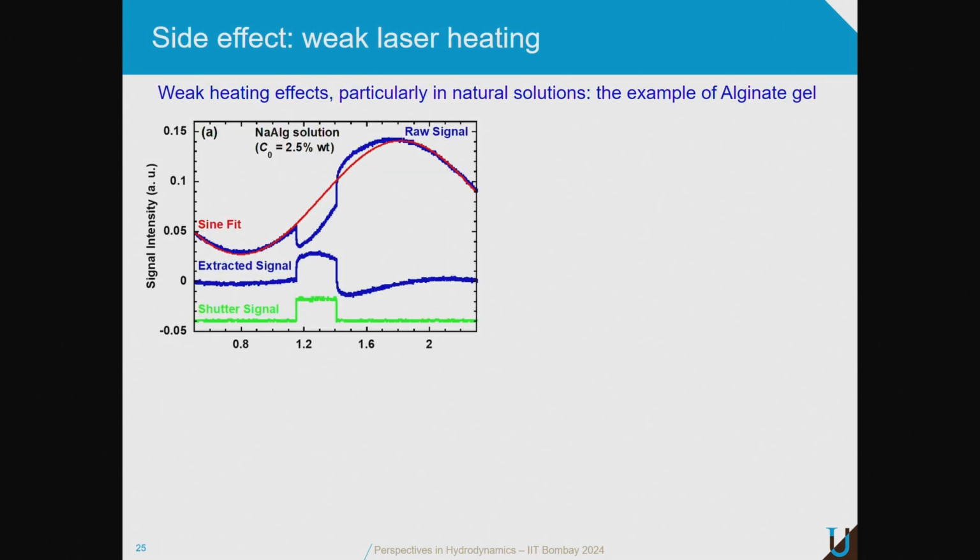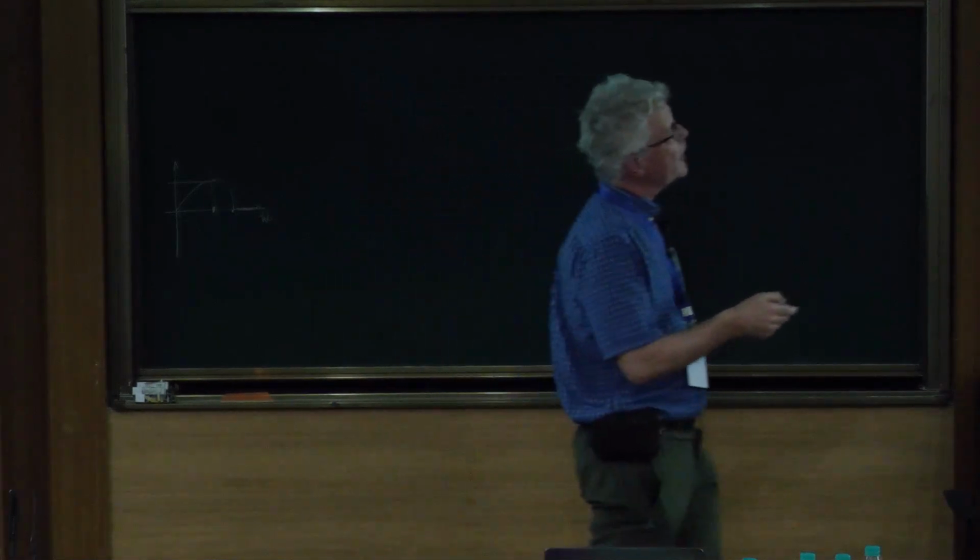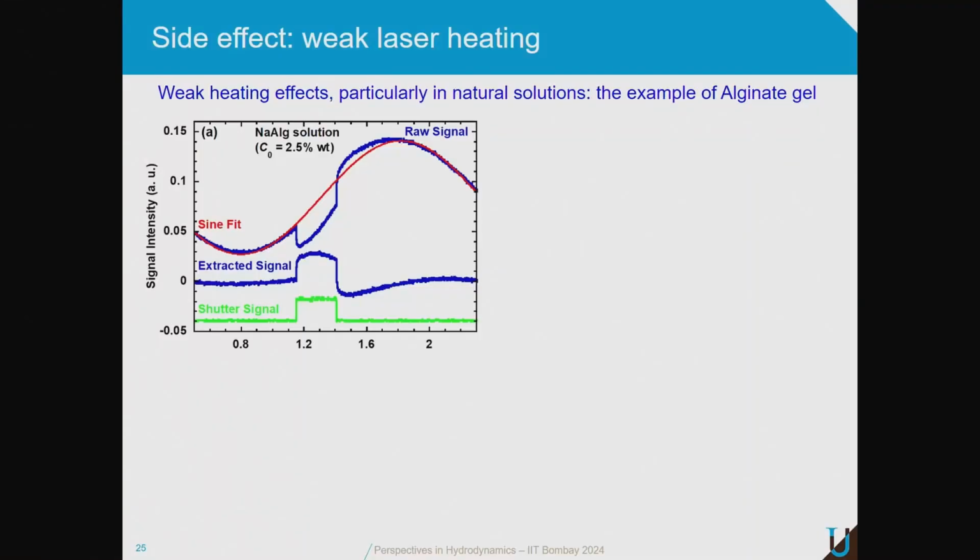So I would like also to talk about 30 seconds on side effect. Well, in fact, radiation pressure is a toy for physicists in a lab, because any real liquid is absorbing.